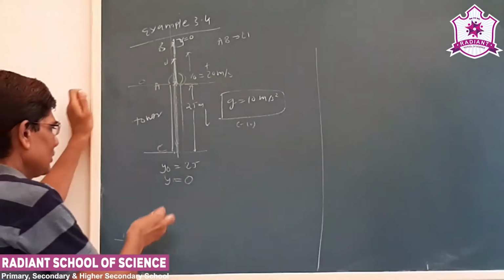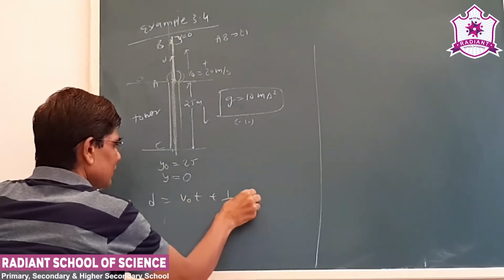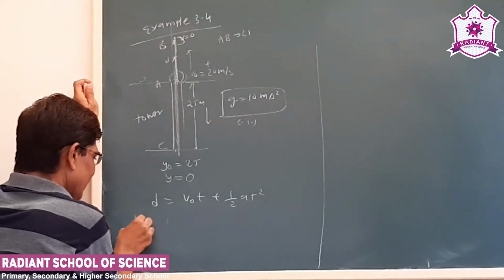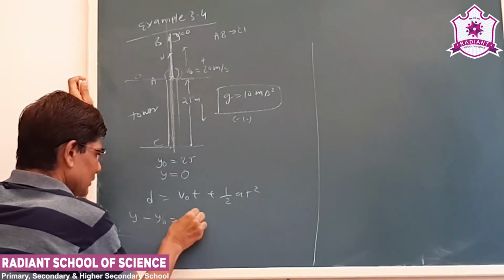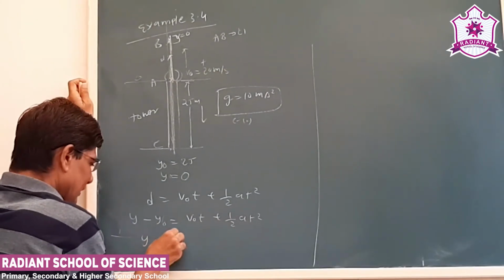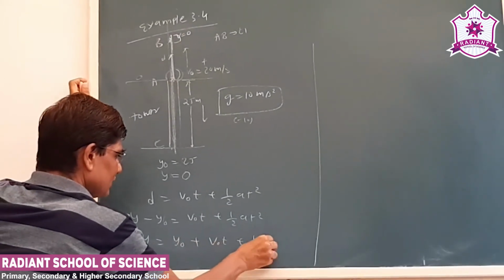Now our equation: displacement is v0 t plus half a t square. Displacement is final position minus initial position, so y minus y0 is v0 t plus half a t square. So y is y0 plus v0 t plus 1 by 2 a t square.